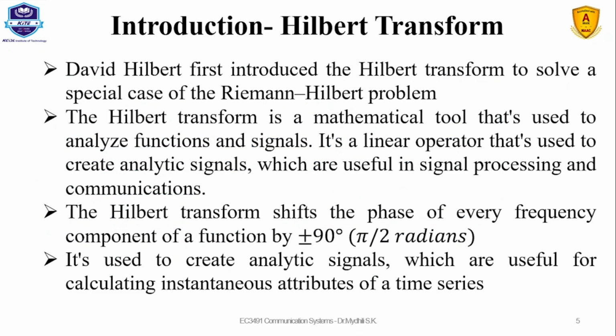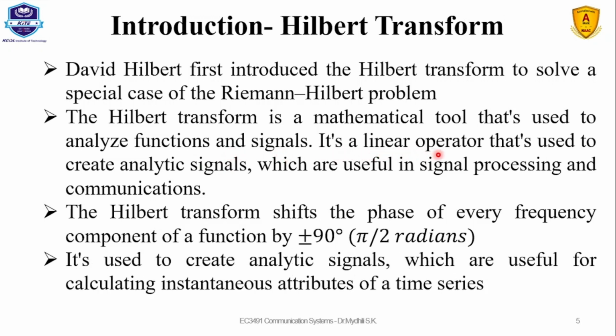So, the introduction. David Hilbert was the first person to introduce the Hilbert transform, to solve a special case of the Riemann-Hilbert problem. The Hilbert transformation is a mathematical tool that is used to analyze functions and signals.